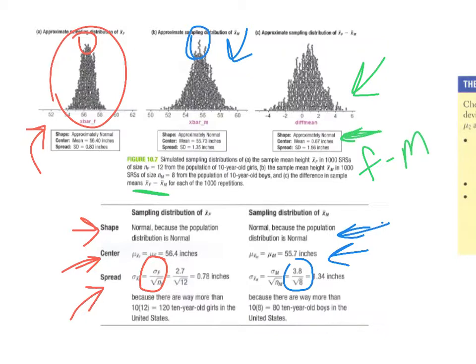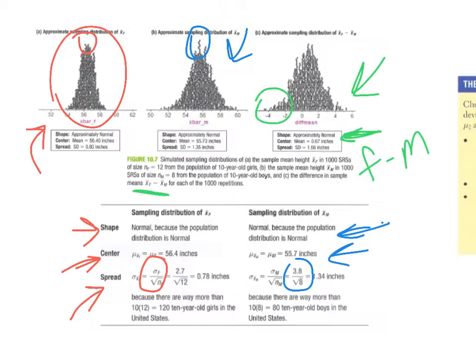Okay, so each one of these little dots on this dot plot is a difference between the female sample and the male sample. And so our mean is centered around 0.67 inches. Our spread is at 5.6 inches, and our shape is approximately normal.